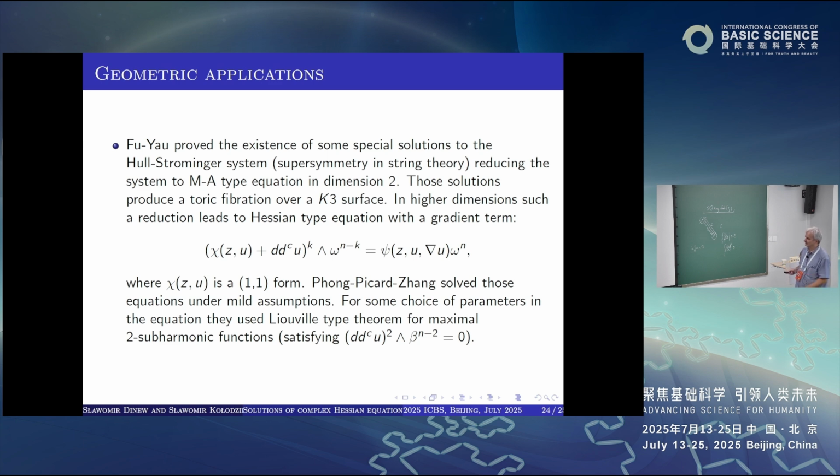So for some data which corresponds to this Hull-Strominger system, they could solve the problem again using the method, but now just for m-subharmonic functions. So this is the case we dealt with. Okay, thank you.